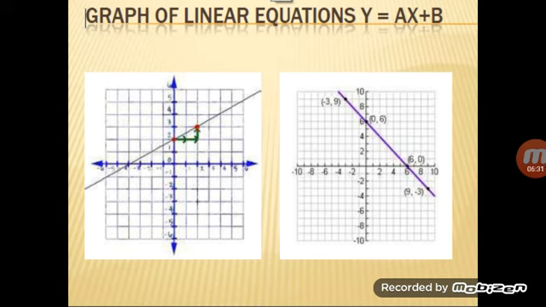In fact, a straight line can be determined by plotting 2 points. We use the third point to check for mistakes in the graph. As you can see, whenever we plot a linear equation or a linear function on the graph, it always results in a straight line.